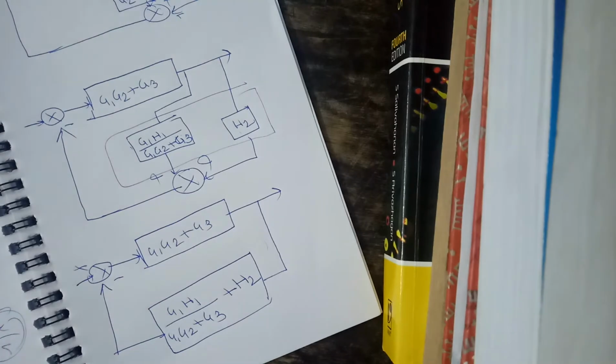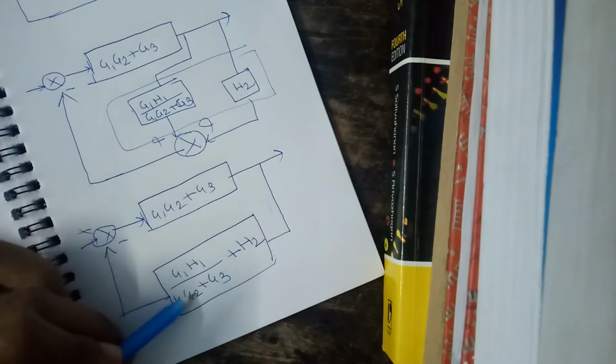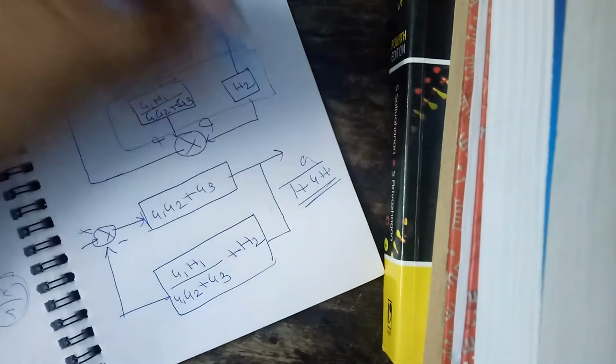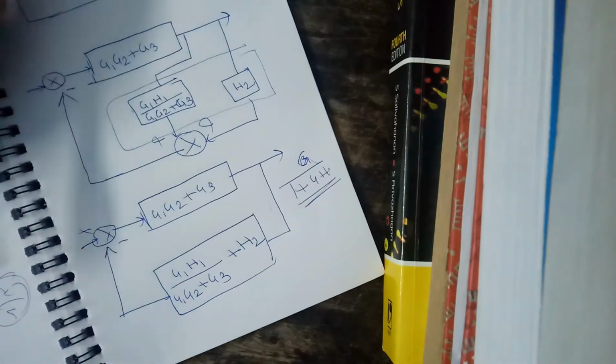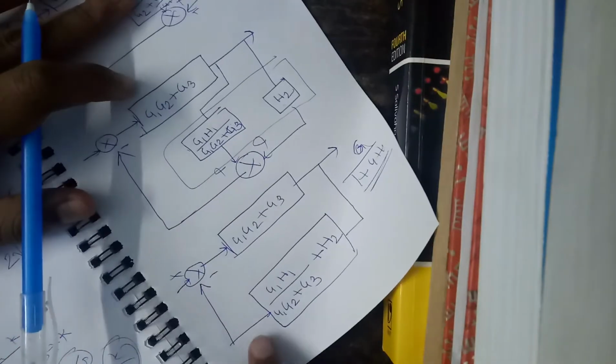We can directly solve this by using the formula for a closed loop system. What is the formula? That is G by 1 plus G into H. We can use that formula and we can solve it very easily. So doing that, let's solve it. It is G1 G2 plus G3, which is the current G out here, that is G by 1 plus GH, right?